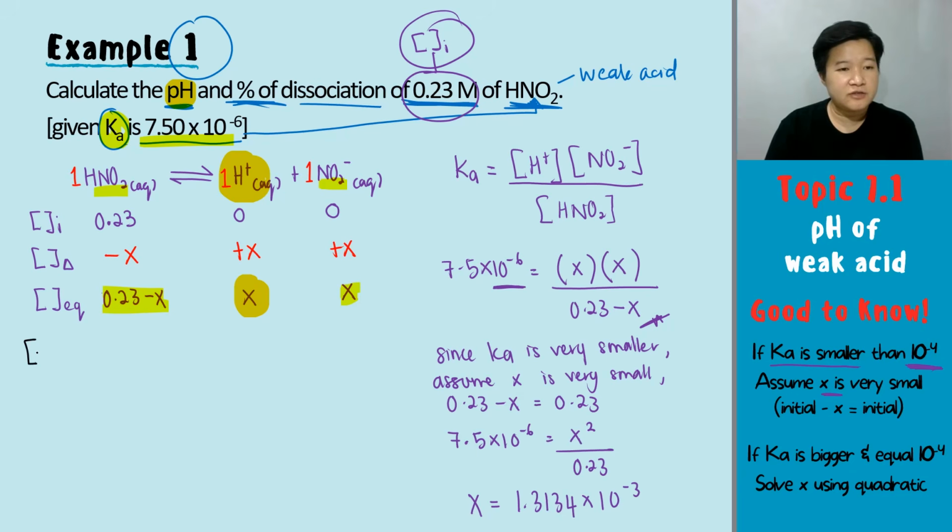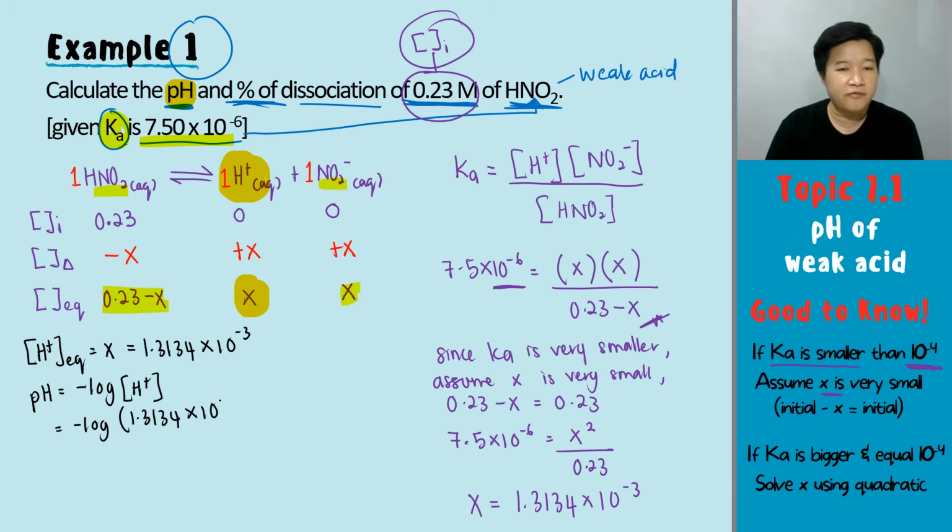Therefore, concentration of H+ at equilibrium equals X. X equals 1.3134 times 10 to the power of negative 3. As a result, the pH value will then be negative log concentration of H+. Substitute in the H+ that you have calculated, 1.3134 times 10 to the power of negative 3. Therefore, the pH value calculated is 2.88 over here.